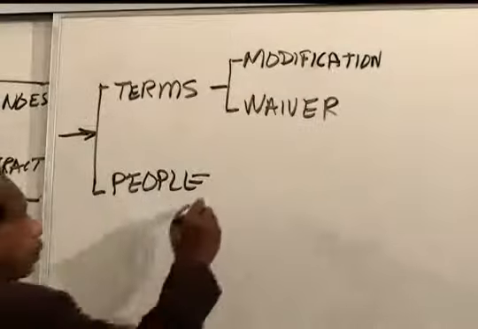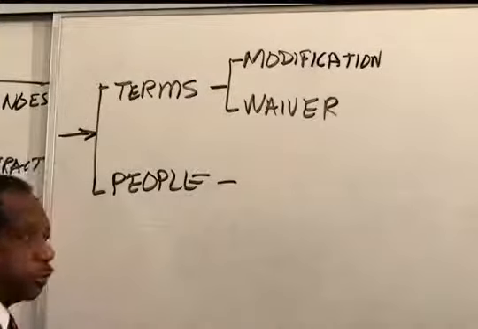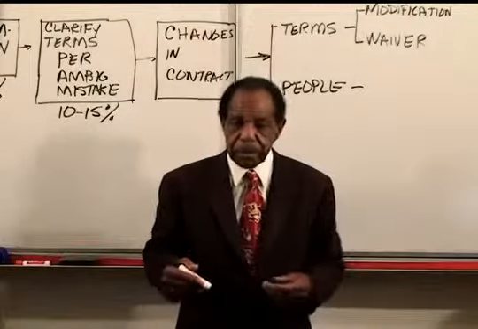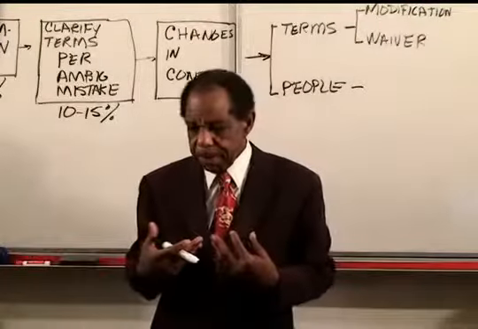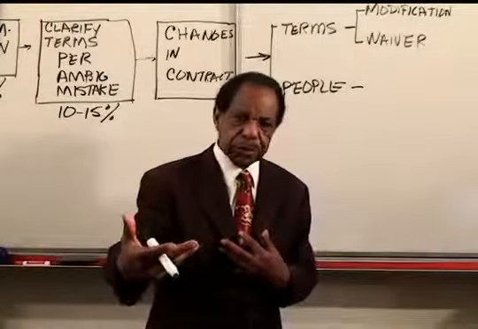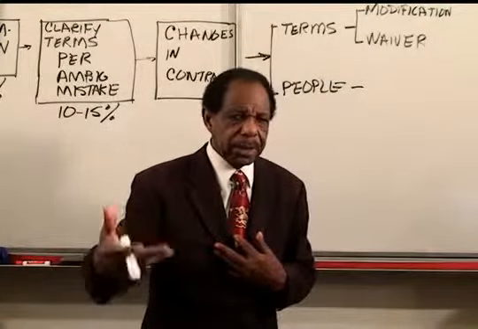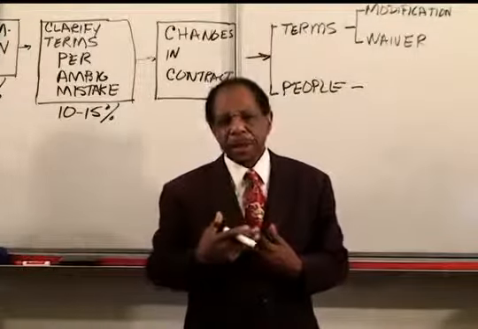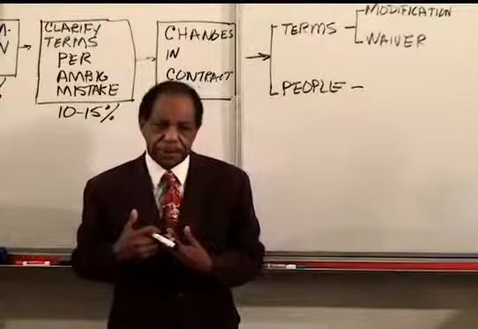You waive conditions. For example, I am a homeowner, and I've hired you to build a home for me. And part of the contract says that you get paid when I get the architect's certificate of completion.